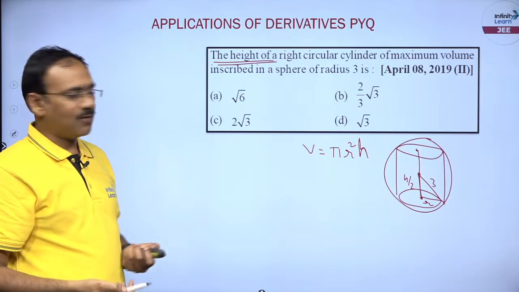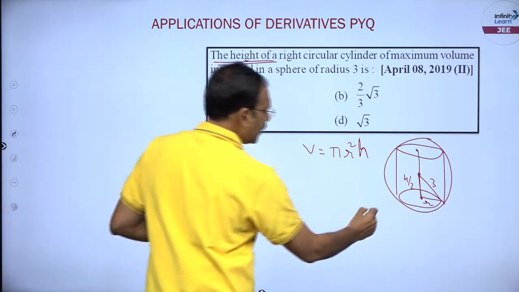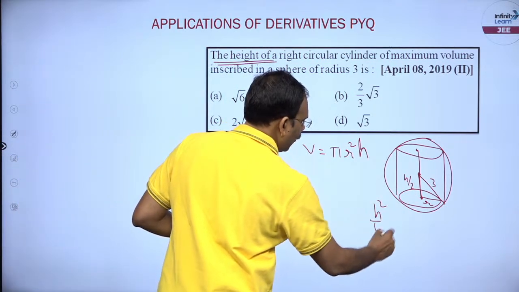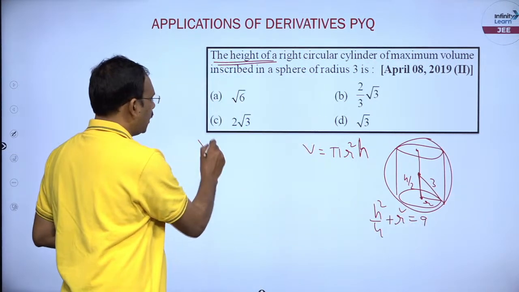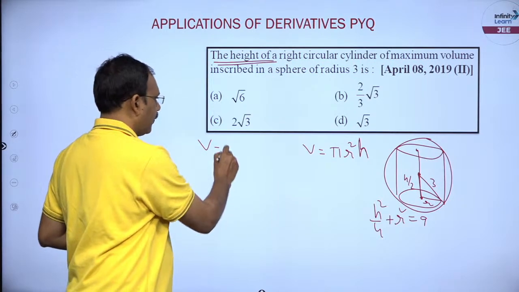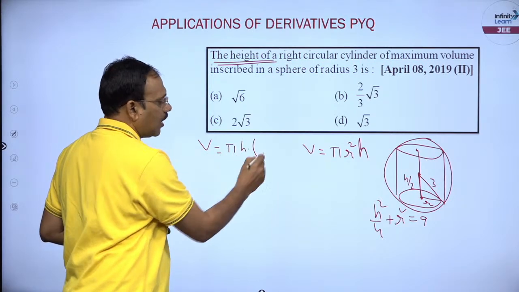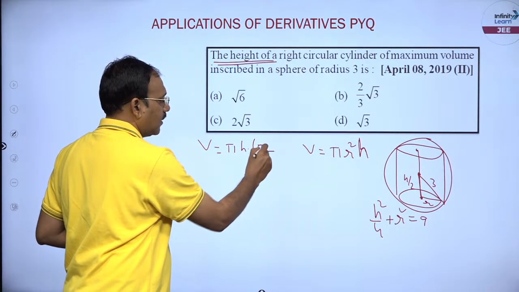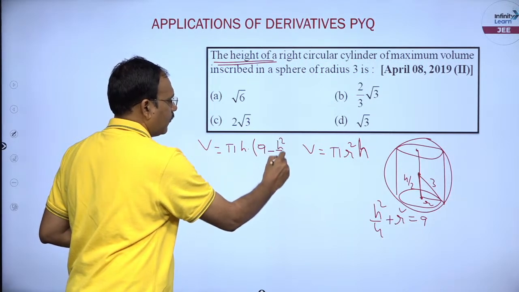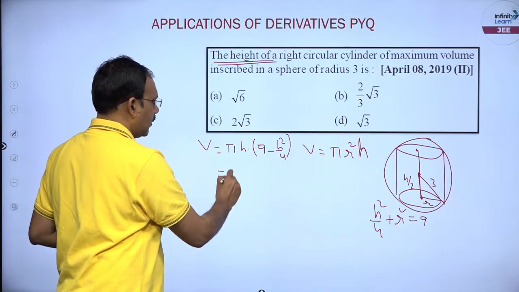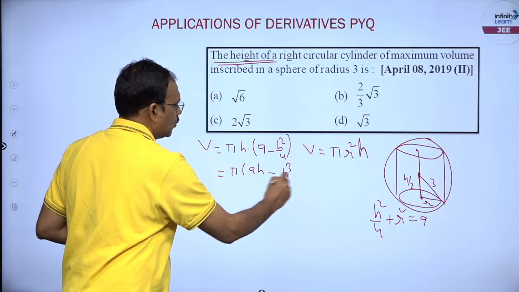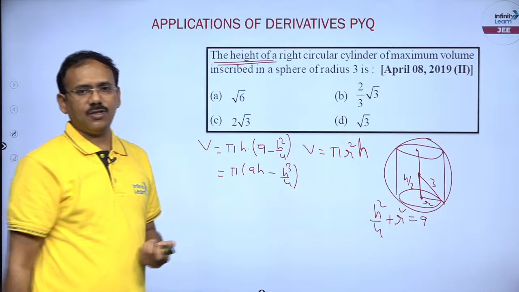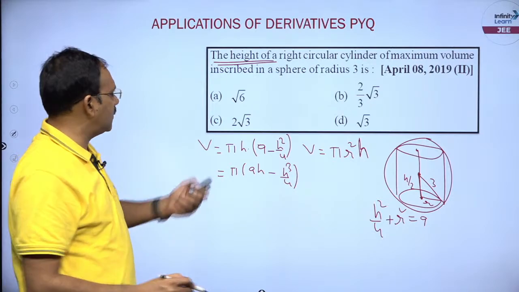So, in terms of height, not radius, you can write h square by 4 plus r square is equal to 9. So, volume you write like pi into h, r square you can replace by 9 minus h square by 4, which is, friends, pi into 9h minus h cube by 4. This is the function. You need to maximize this.